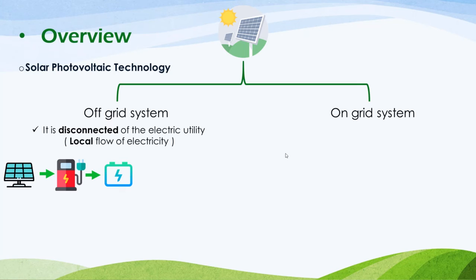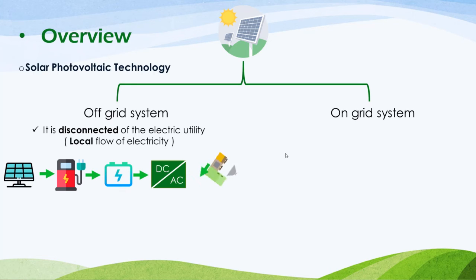But the problem now is that the stored electrical energy is DC current, while most electric devices and appliances we use work on AC power, or alternating current. So we need to convert this DC current to AC power. For this reason, we use an inverter, which is a power electronic device that converts DC power to AC power.